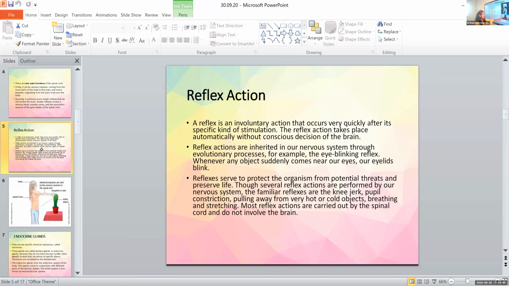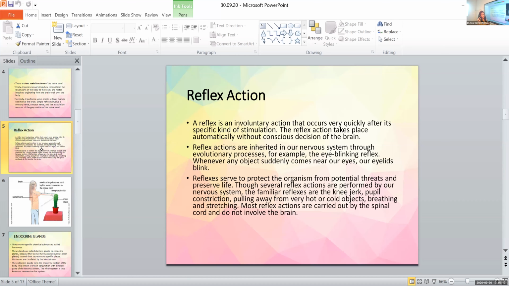So it is an involuntary action, meaning it happens automatically without our will. It happens without the knowledge of the brain or without the help of the brain. Then you can give some examples for it: eye blinking, knee jerking, the jerk movements or the shaking movements of the knees. Then pupil constriction. We learned that in the sympathetic and parasympathetic nervous system.